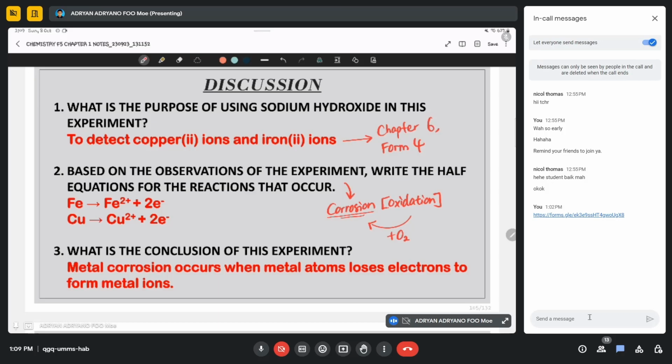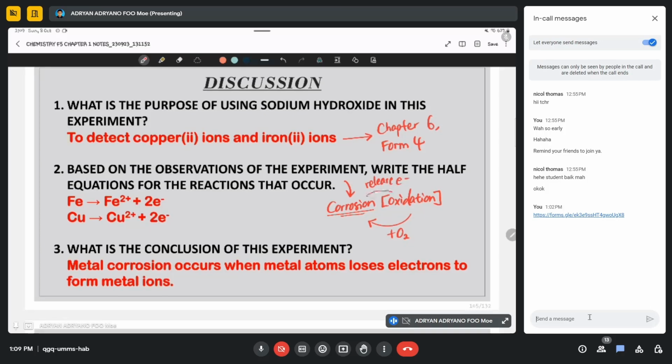Whenever I undergo oxidation, meaning that I will release electrons. 就是这样罢了. When I undergo corrosion, I take in oxygen, or in other words, I release electrons. So whenever 它写 corrosion, 你就不用想多了, 你的 half equation 一定是 oxidation, 看到吗？They release electrons.